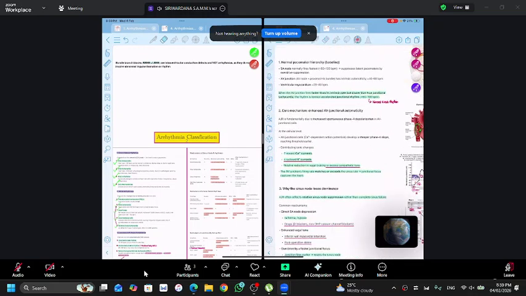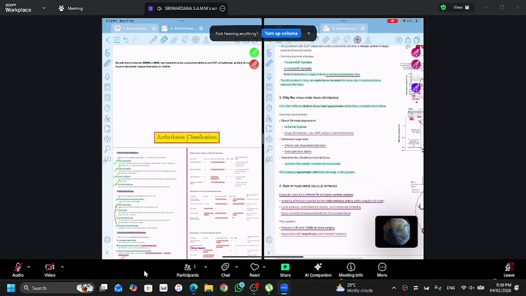Enhanced AV junctional automaticity can happen due to increased calcium currents, decreased outward potassium currents, vagal braking, or excess sympathetic tone. Again, I didn't have time to go through each and every one of these mechanisms. But ultimately, the sinus node loses dominance and the AV node automaticity goes up.